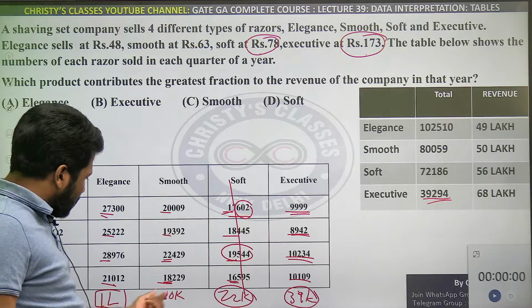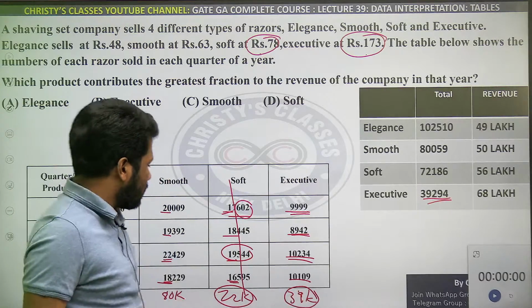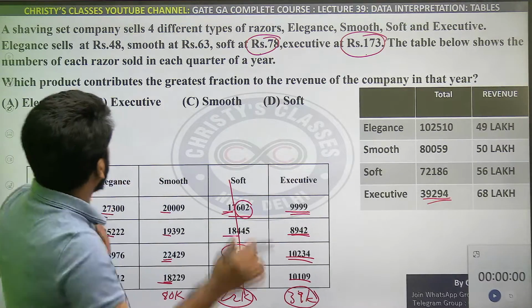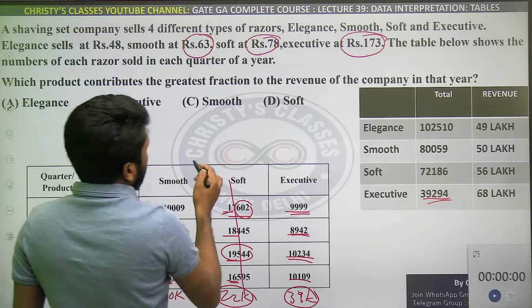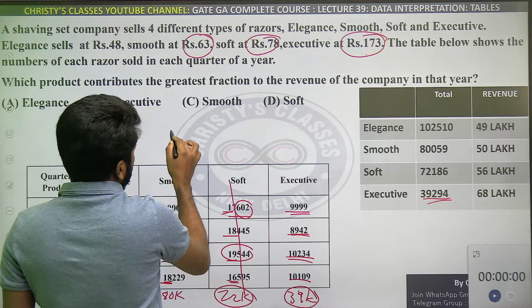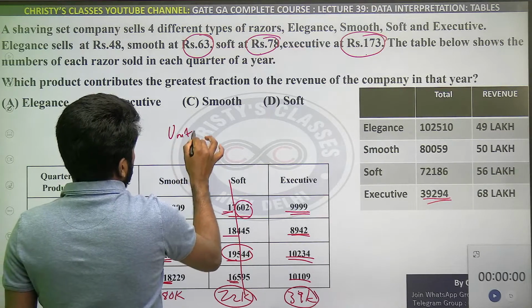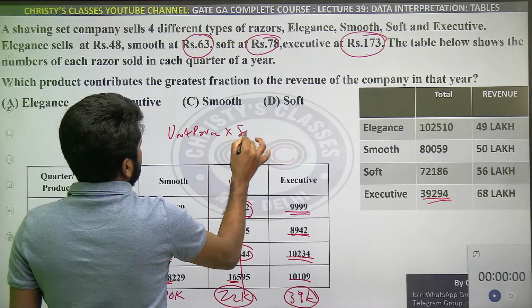Now the competition is between 80,000 and 39,000. 80,000 is bigger but this price number is much smaller. There are two factors for the overall revenue: unit price and sales.